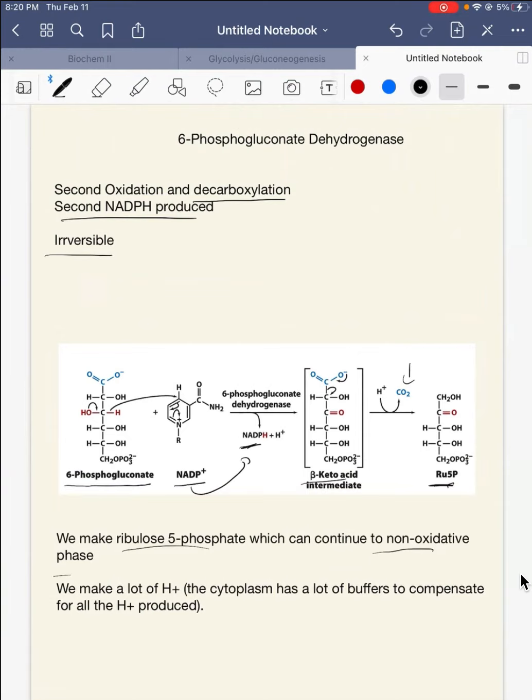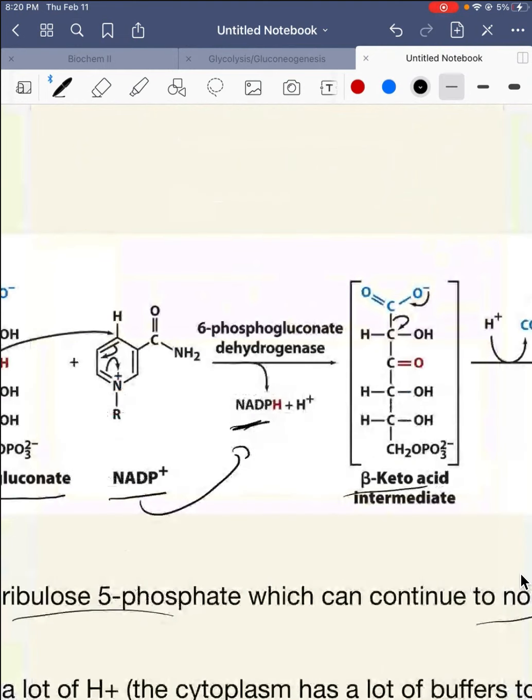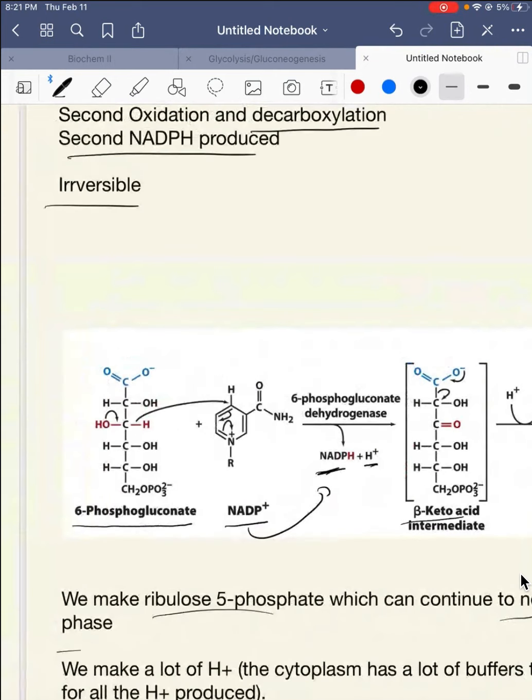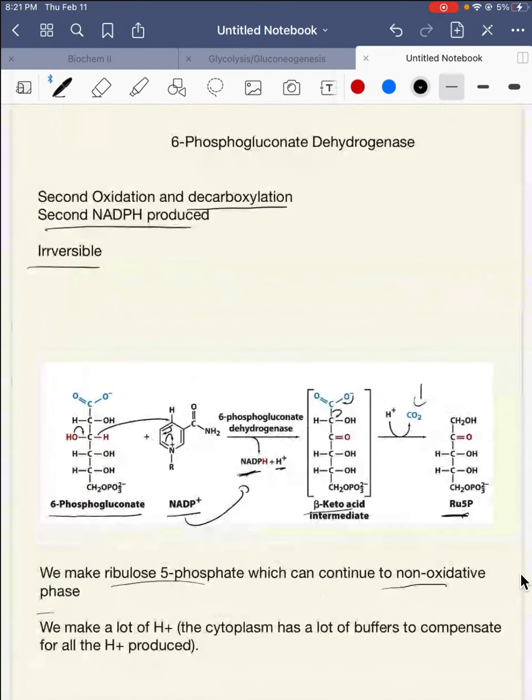Part of this is that when we convert NADP plus to NADPH, we get a lot of H plus. Because this happens in the cytosol, if we run the pentose phosphate pathway a lot, we can actually start to accumulate H plus. But something special about the cytoplasm is that it has a lot of buffers, and it tends to compensate for all the H plus that is produced.